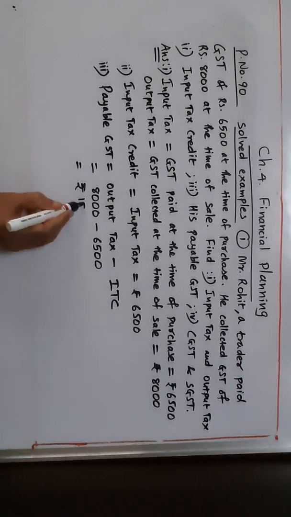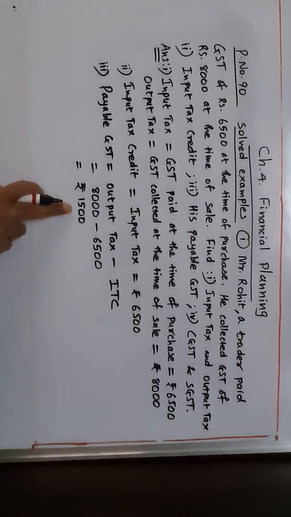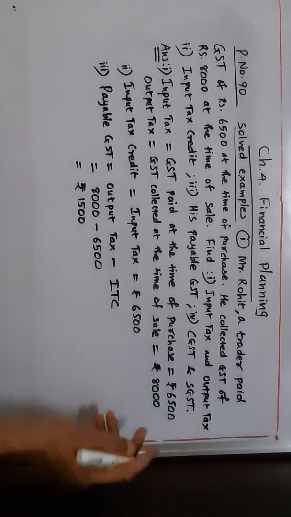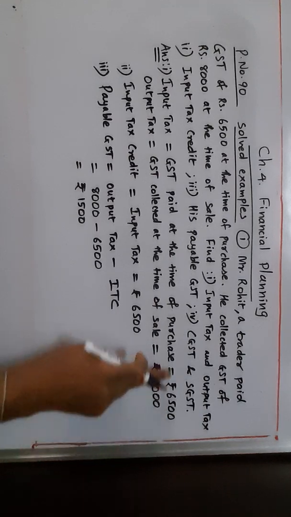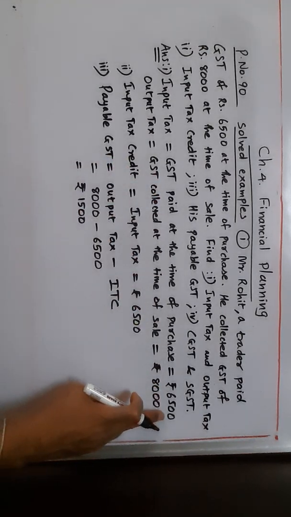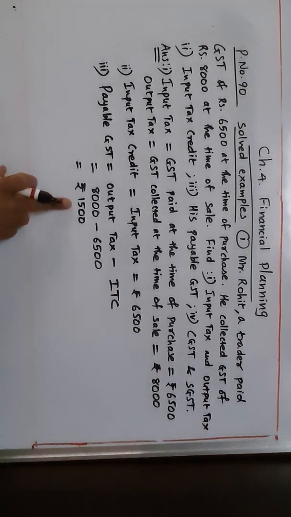So what actually is the benefit to the government? First of all, the 6,500 rupees paid by Rohit to the manufacturer is obtained by the government. Another thing, from Rohit the government gets 1,500 rupees, and this 1,500 rupees is actually going from the pocket of the customer. The customer has paid 8,000 rupees.